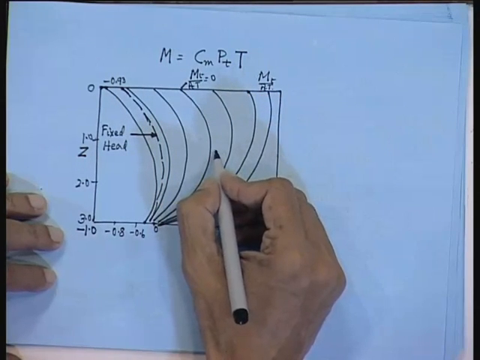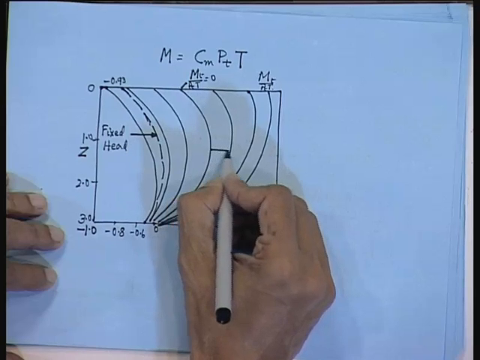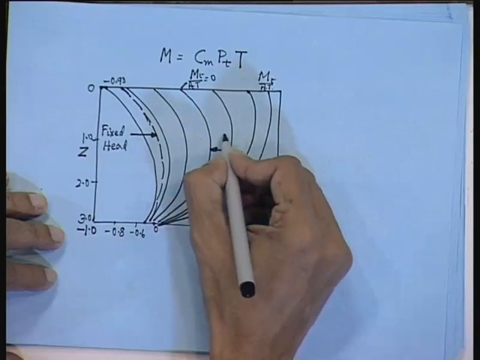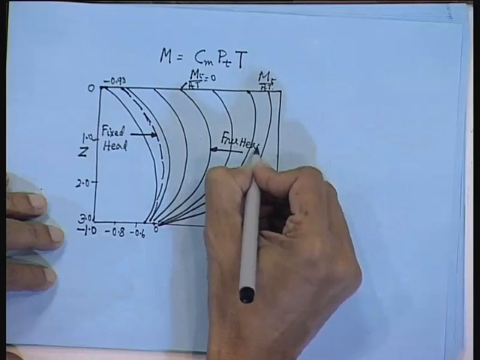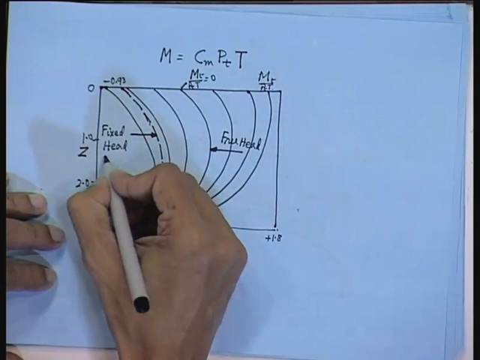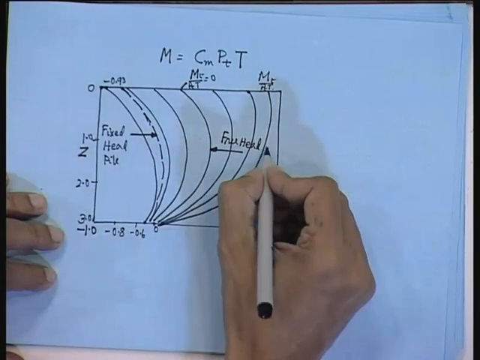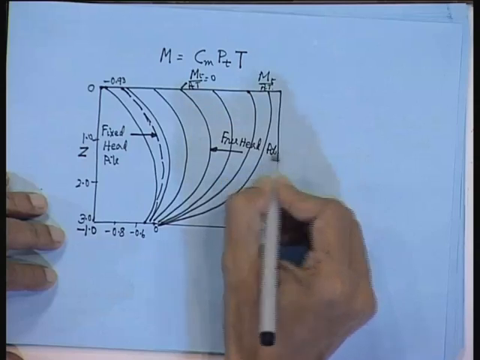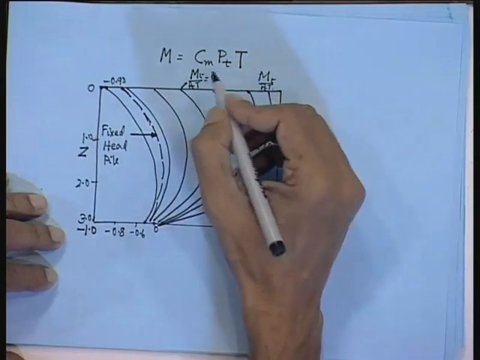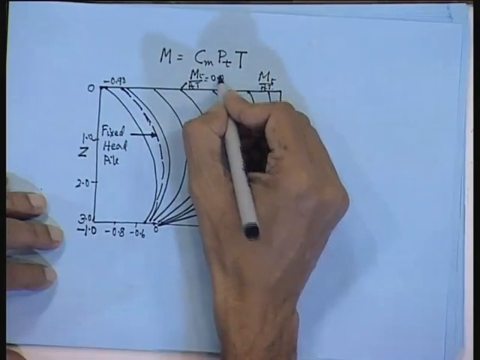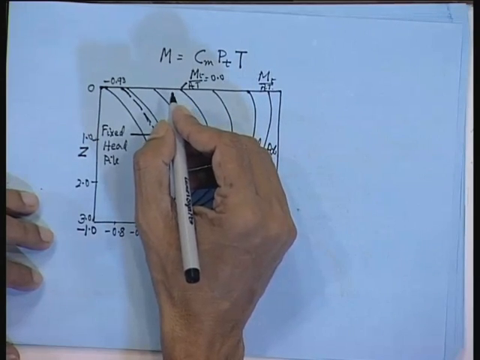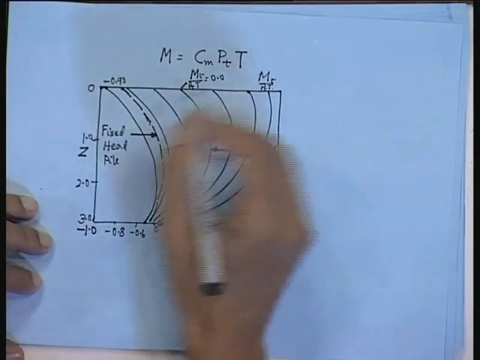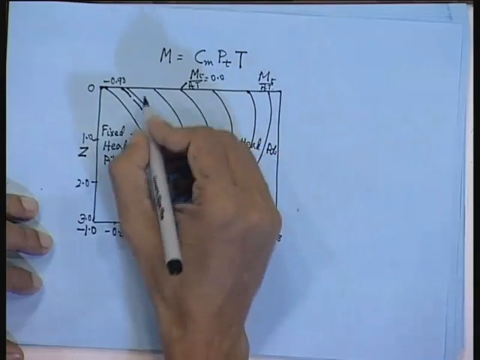So, obviously, this is your free head. Fixed head pile. So, most of your values will lie between this. The other values are not bothered.